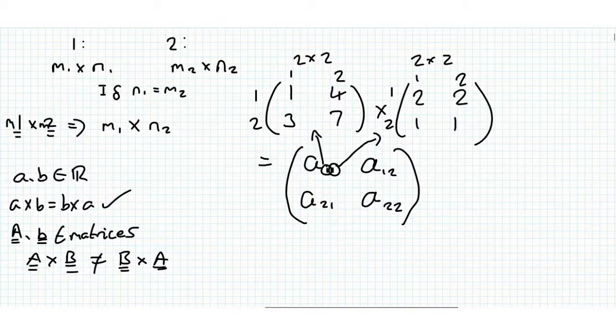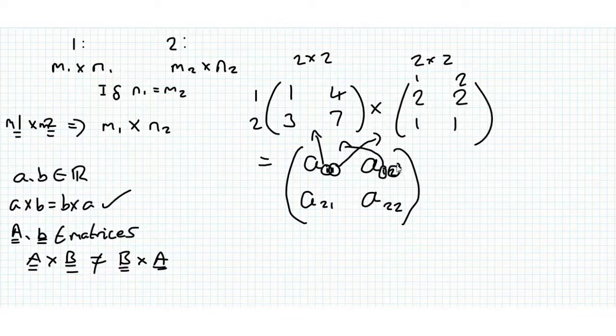Actually, what we can do is rub out these and those, because all we're looking for in this first matrix is the rows, and for the second matrix is the columns. So again, this one takes you over here, and this one takes you there. And now we'll actually find all these values of A.